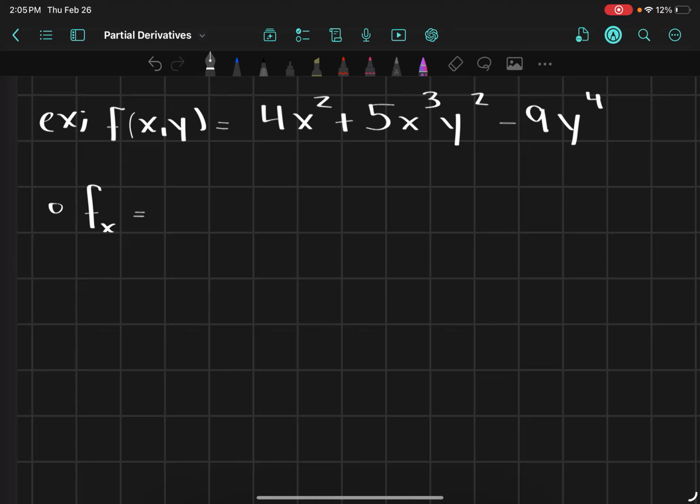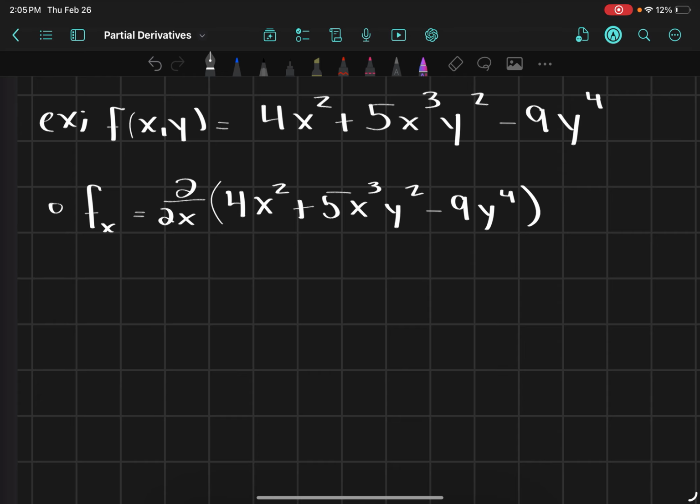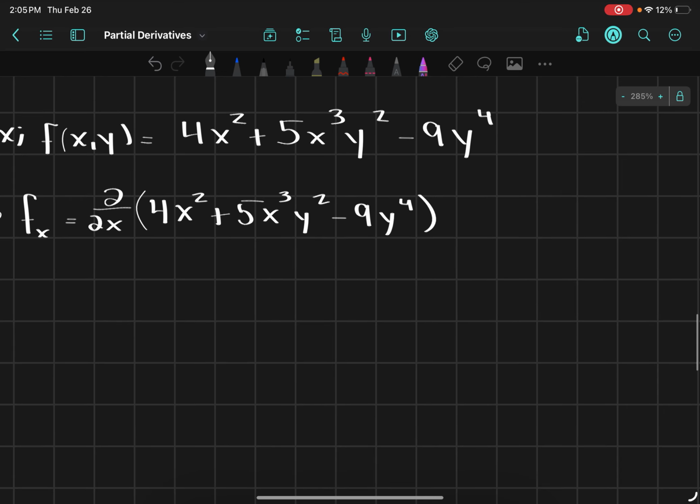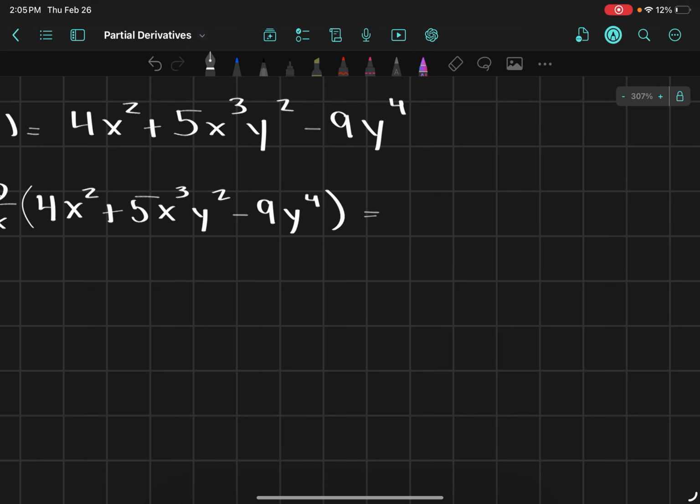Okay, so we're asked to find the partial derivative of f with respect to x of 4x squared plus 5x cubed y squared minus 9y to the fourth. Well, what is this equal to? We derive aspects with x in it like we normally would in calculus 1 and 2.